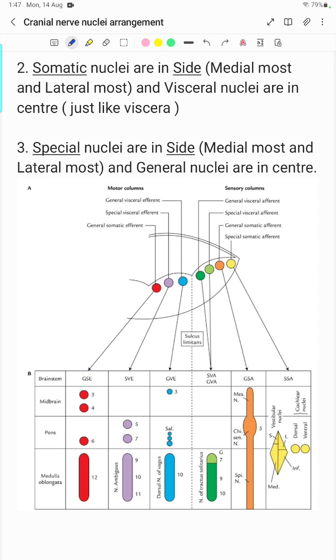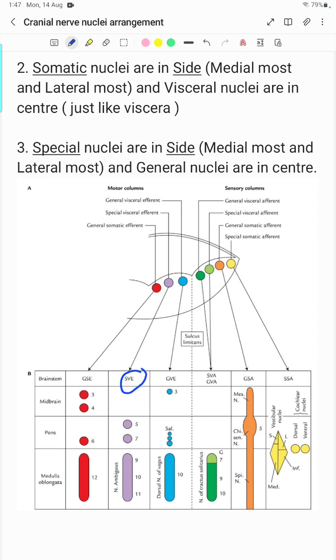So which are the muscles derived from somites? These are our extraocular muscles supplied by cranial nerve 3, 4 and 6, and muscles of the tongue supplied by cranial nerve 12. So in general somatic efferent come the nuclei of the 3rd, 4th, 6th and 12th cranial nerves. Then there is special visceral efferent.